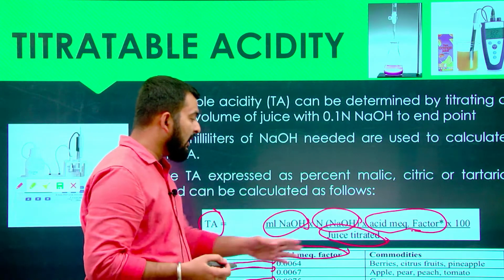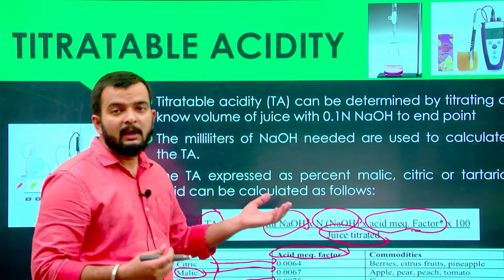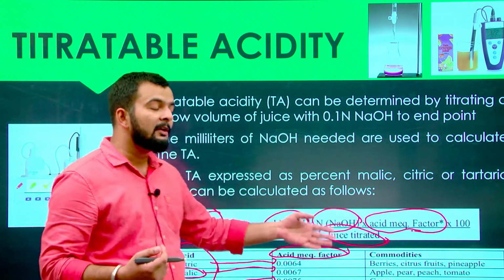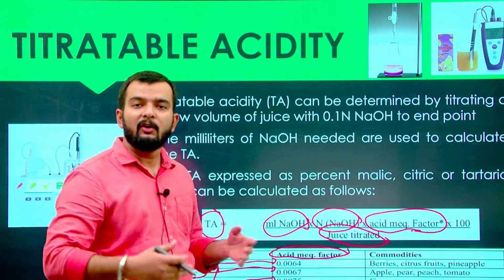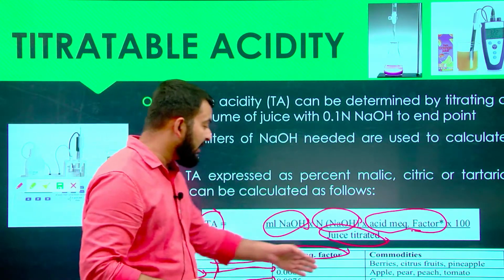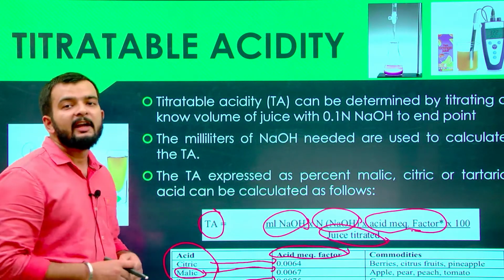We use citric acid as the milli equivalent in citrus fruits, and malic acid in fruits which contain malic acid or a similar organic acid like oxalic acid. Tartaric acid we use for grapes. So that is how you calculate titrable acidity.